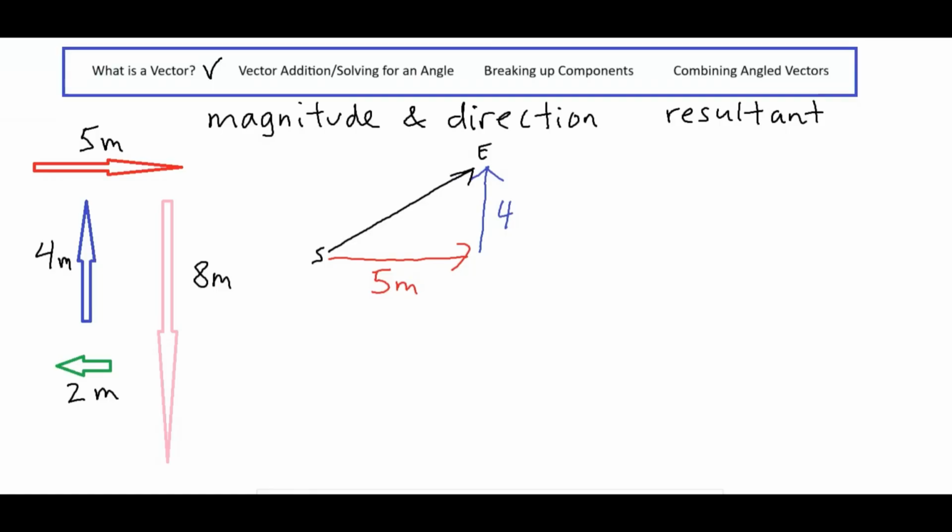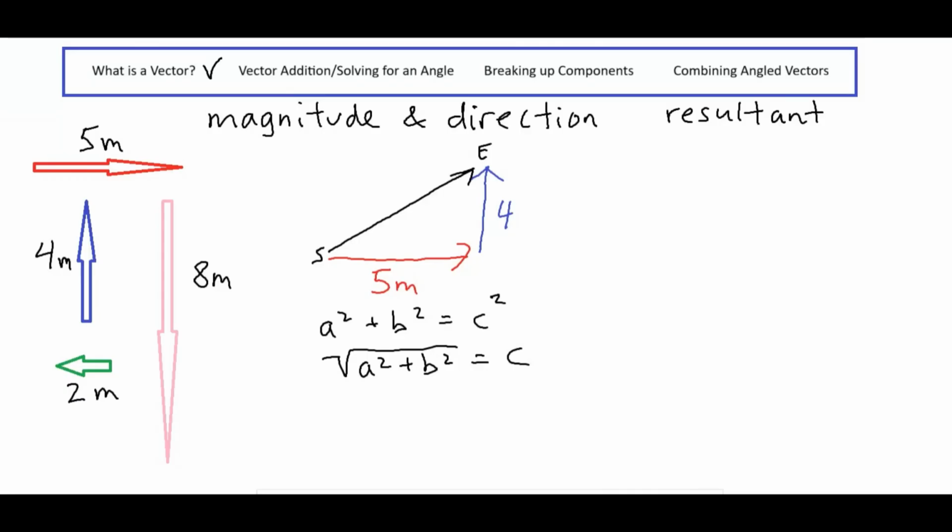Now, in a case like this, we have a nice little right triangle, which we're typically going to create, and we just need to find the hypotenuse of this right triangle. So we can just go ahead and use Pythagorean theorem, a squared plus b squared equals c squared, where my hypotenuse is my c. So we're basically finding the square root of a squared plus b squared, and that's going to give us our hypotenuse. In this case, that's our resultant.